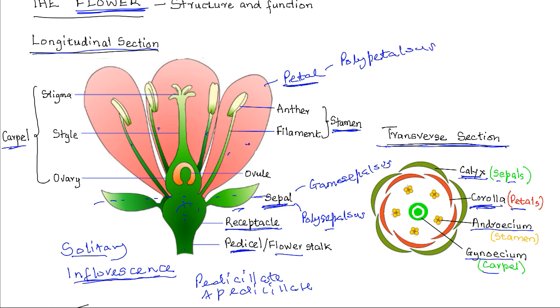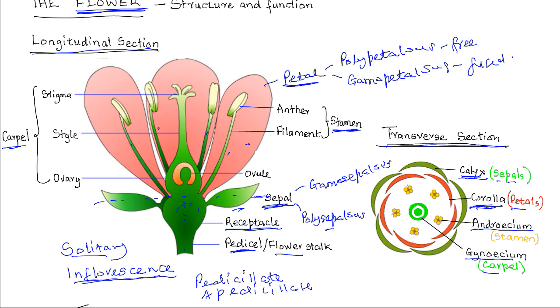That is, when the petals are free. But when the petals are fused so as to form a tubular structure, then the corolla is said to be gamopetalous. That is made up of fused petals.